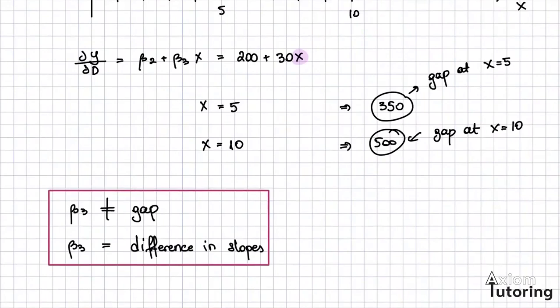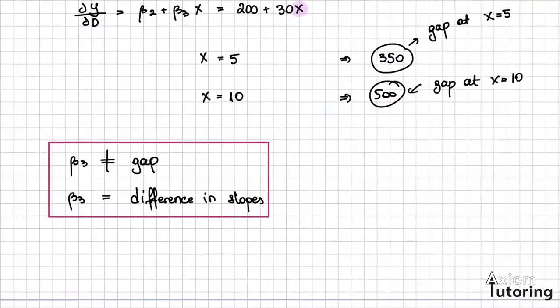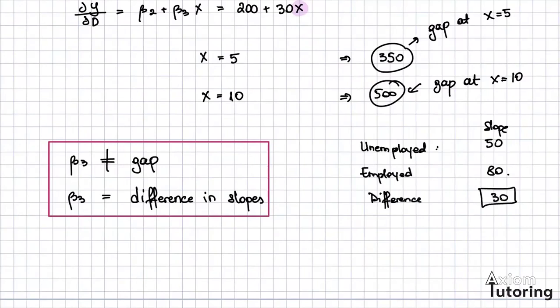Not the gap itself, it is the difference in slope, which means that when you are looking at the unemployed people, their slope is exactly 50, and when you're looking at the employed people, the slope is 80, and this difference is the 30 that we're talking about.